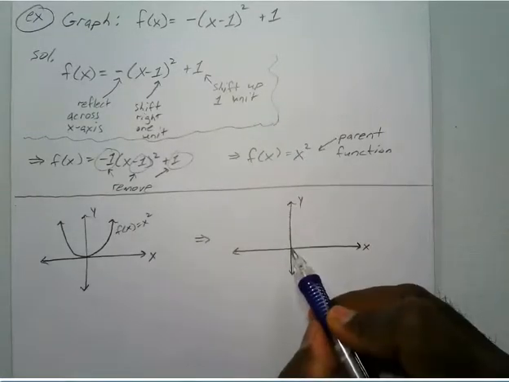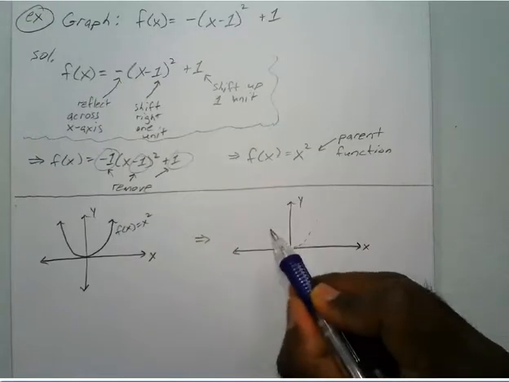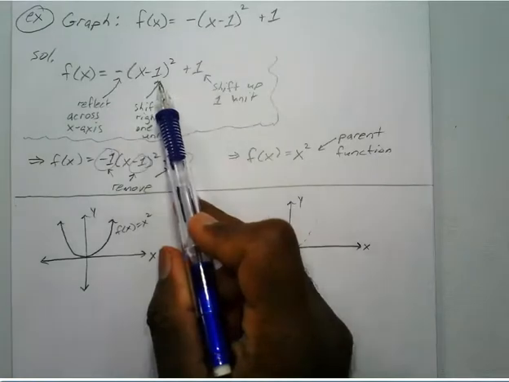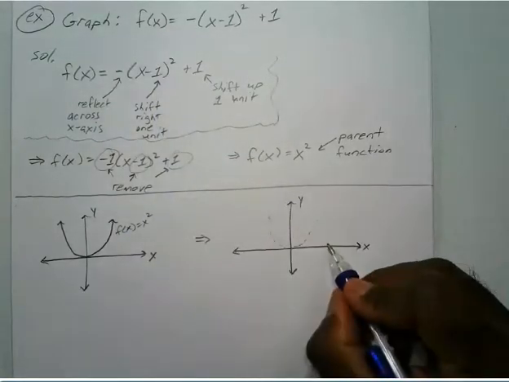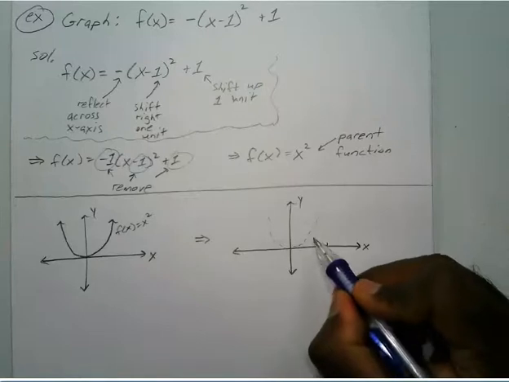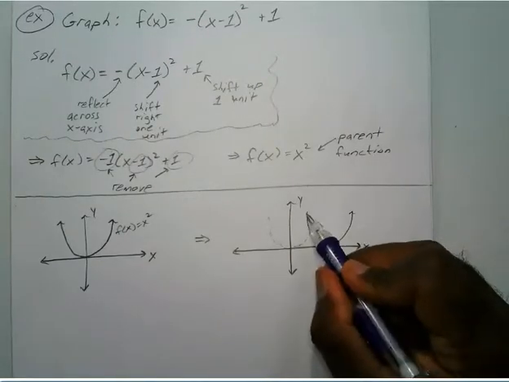Okay, so we have our original parent function. Now I'll just put it there. We're going to shift to the right 1 unit. So let's say we'll make that 1. So we're going to get this graph and shift it to the right 1 unit.